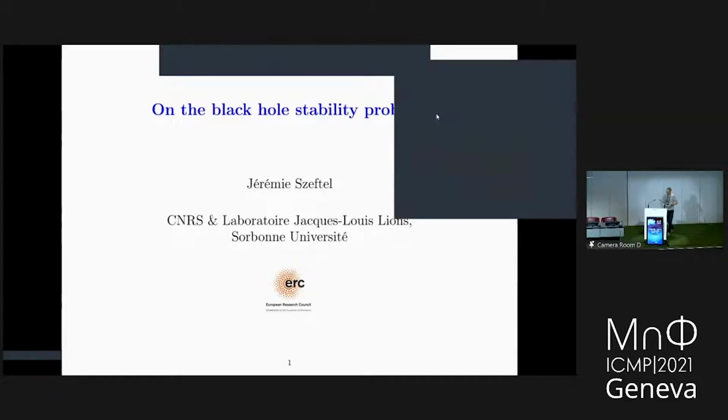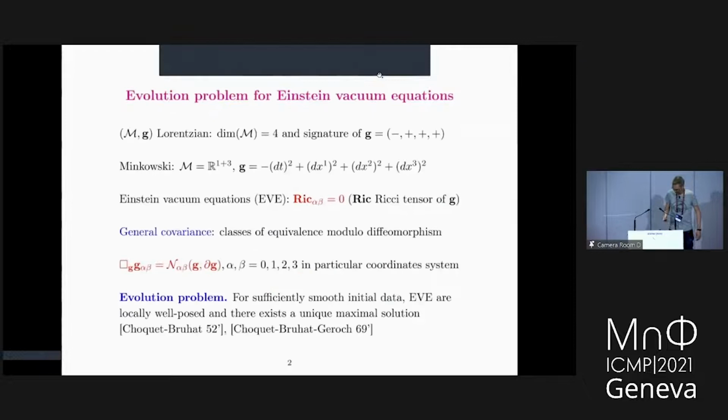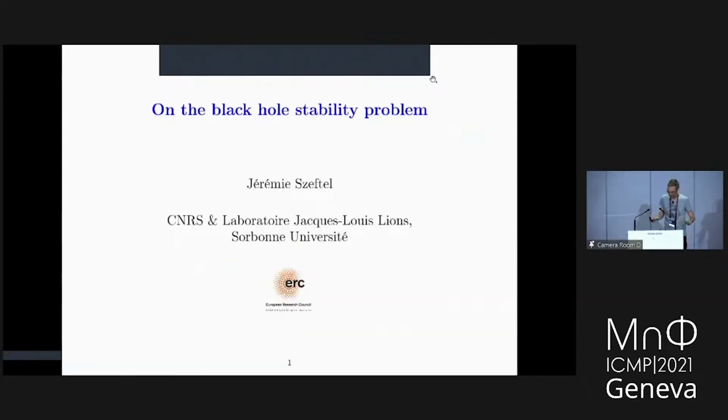I'm going to present the black hole stability problem. So I'm going to introduce it. We already saw many of the things I'm going to say at the beginning of the talk in yesterday's talk by Peter Hintz.